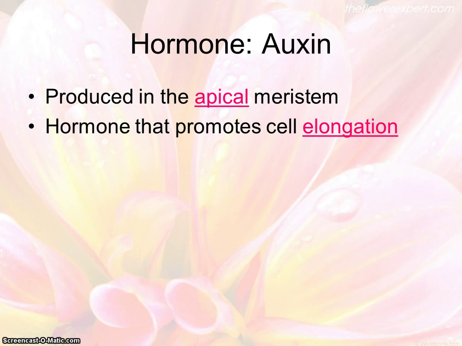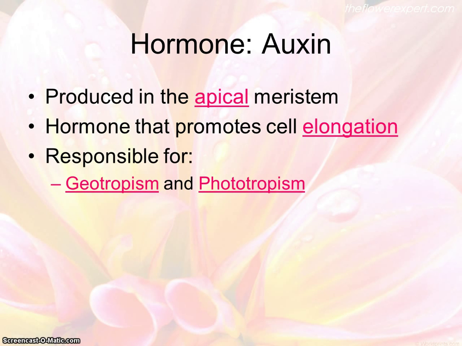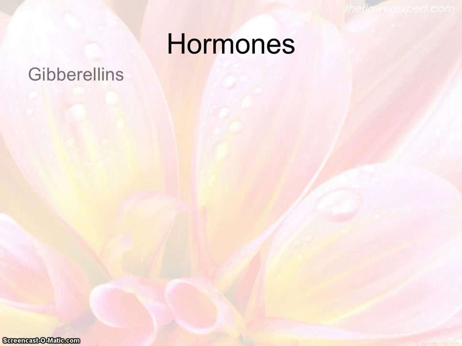Okay, it's going to help promote cell elongation, which is going to help the stem grow. It's going to help the plant grow in different parts of the plant to help it grow in different directions, okay, based on what's happening around it. Auxin is going to be used in response to geotropisms and phototropisms.